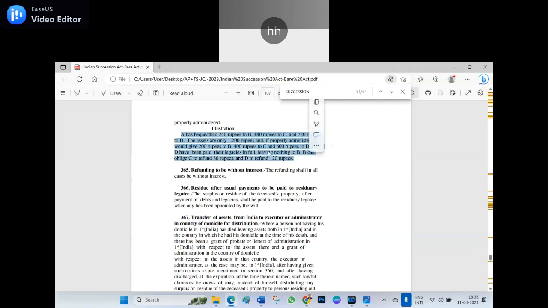A has bequeathed 240 rupees to B, 480 to C and 720 rupees to D. The assets are only 1200 rupees, and if the property were administered, it would give 200 rupees to B, 400 rupees to C, and 600 rupees to D. C and D have been paid their legacies in full, leaving nothing to B. B can oblige C to refund 80 rupees and D to refund 120 rupees.